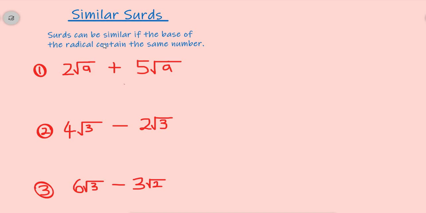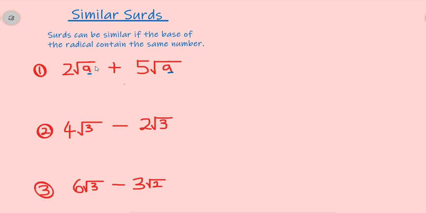If the base of the radical contains the same number, so this is the base of the radicals, if they contain the same number, or if they have the same elements, then it is a similar sort.